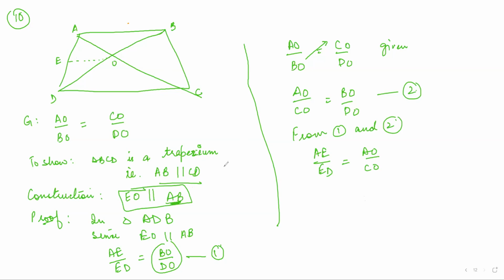EO is here, and I want to show it parallel to this side. So which triangle do I have to take? Okay, wait. DAC. Look here. What is this? AE upon ED, right? AE upon ED is equal to AO upon OC. The sides are in proportion.